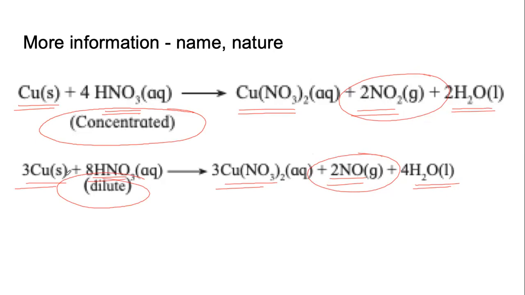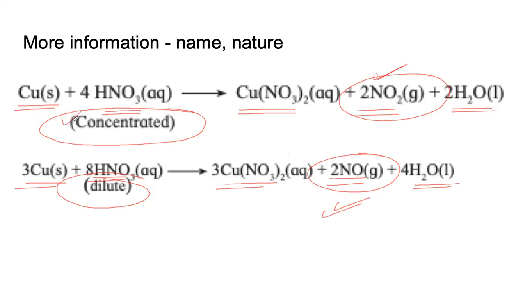The compounds remain the same, nitric acid only. Copper, when it reacts with concentrated nitric acid, forms nitrogen dioxide. But when copper reacts with dilute nitric acid, it only forms nitric oxide. This is nitric oxide. This is nitrogen dioxide.